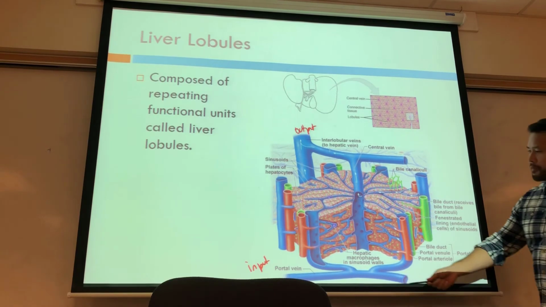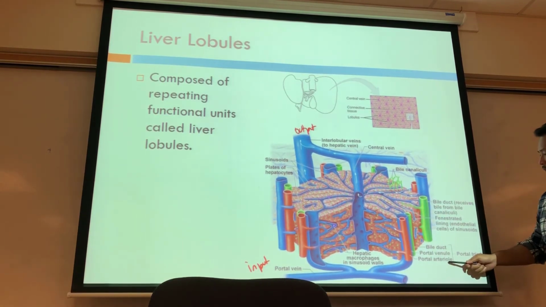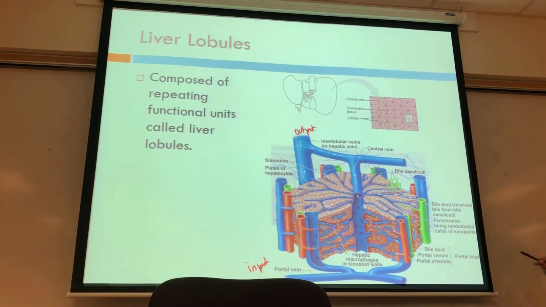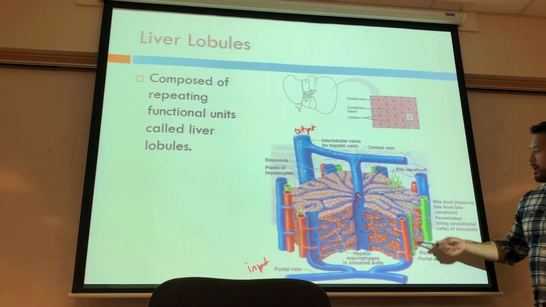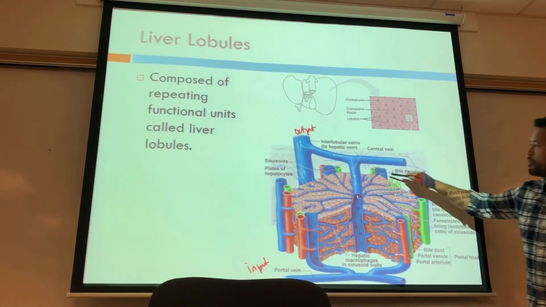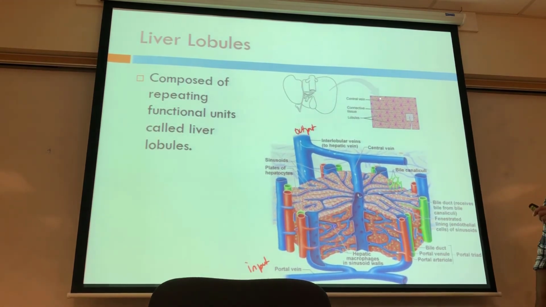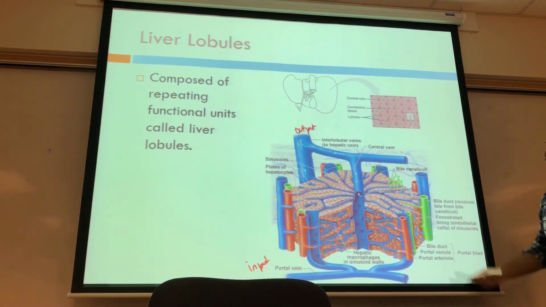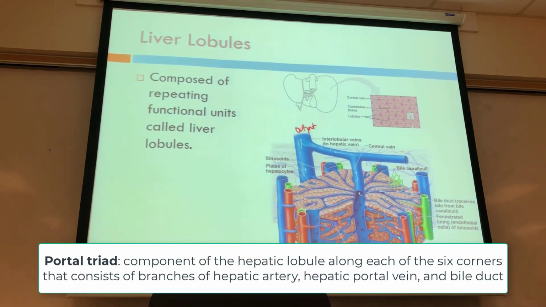From the portal vein, we get 75% of the blood. We get 25% of the blood through the portal arteriole. And they come together and are going to be all present at each of the single points on that hexagon shape. Each of those 6 points in the hexagon consists of what's called the triad.